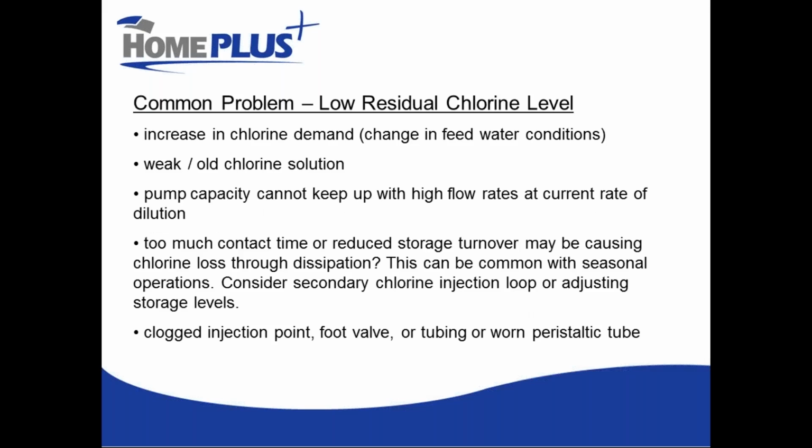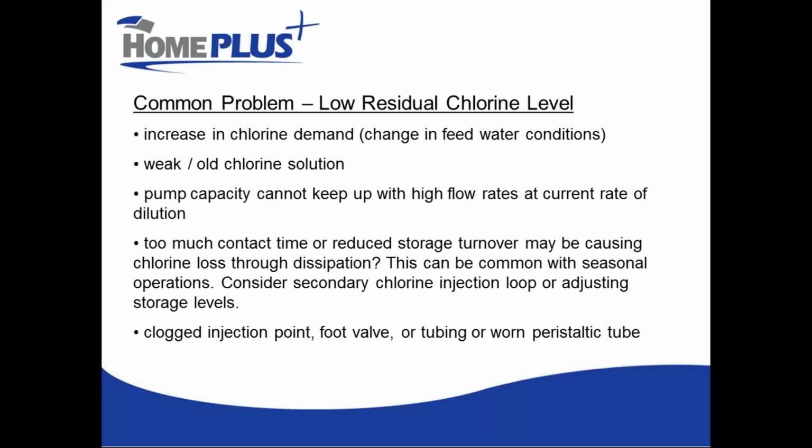Common problems. A low chlorine residual is probably one of the most common problems that we hear about. This can occur when you've had a sudden increase in chlorine demand in your system due to feed water changes, particularly if iron, manganese, or organics levels spike.